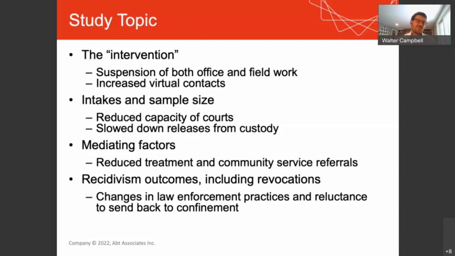The pandemic also affected our ability to have a sample size, within the enrollment period of a year, that would actually support the study. Simply because people were not being enrolled onto community supervision at either of our sites, at least not at a normal rate.